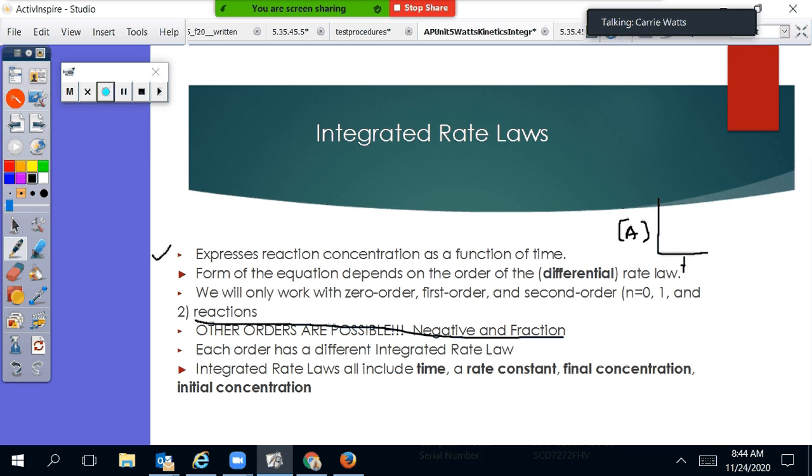All integrated rate laws will include time, which is t, the rate constant, which we know as little k, final concentration, which we're going to call A sub t, or you could call it A sub f if you want to say final, and initial concentration, which would be A naught. So they'll all have those components in the equation.